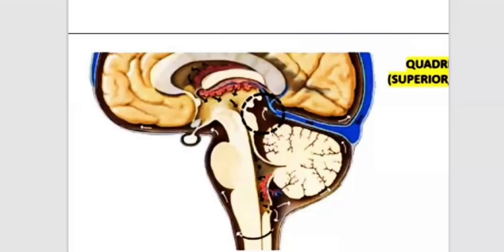I'll show you one diagram so that you can understand it.